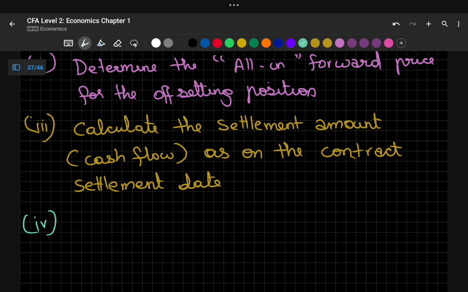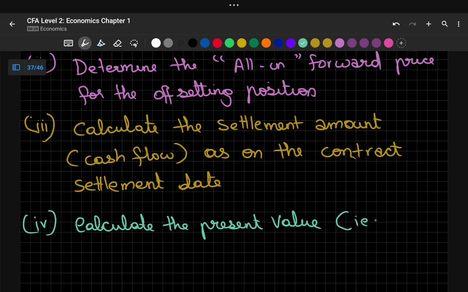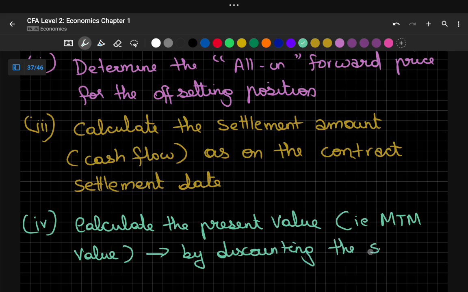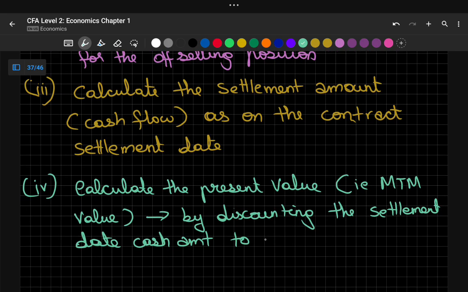So the fourth step is to calculate the present value, that is mark to market value, by discounting the settlement date cash amount to the present date.